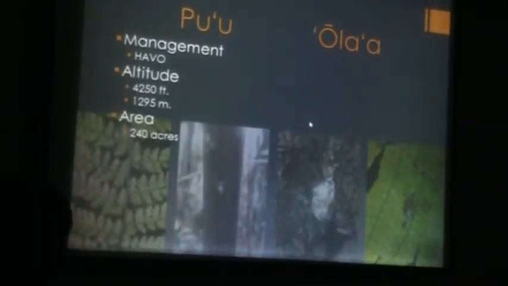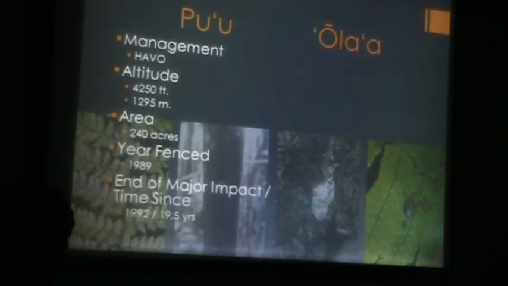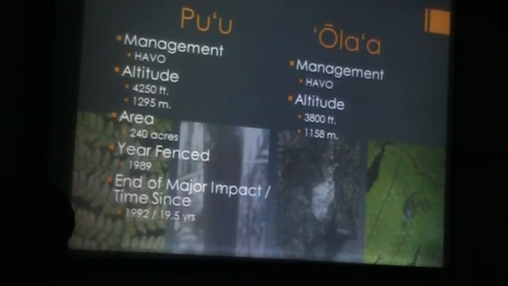Our two units that I focus on are both managed by Hawai'i Volcanoes National Park. The altitude ranges from 4,250 to 3,800 feet. Yeah, these are big areas. We don't know how big Ola'a is because it's an unfenced unit.